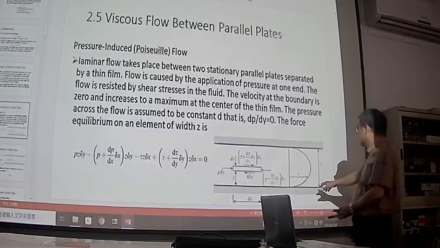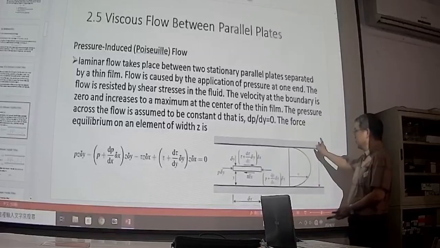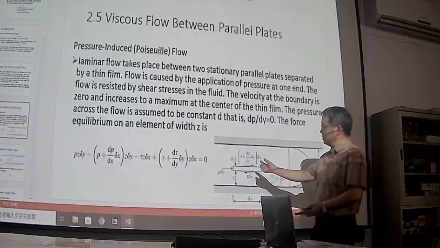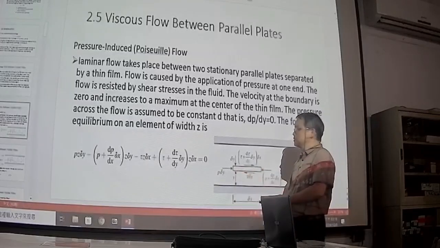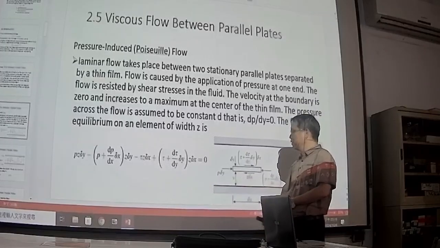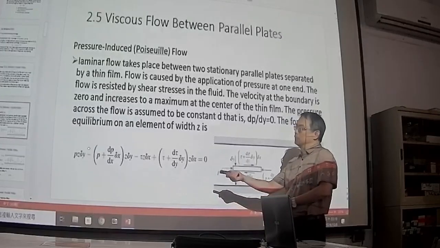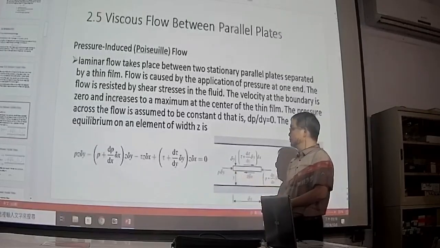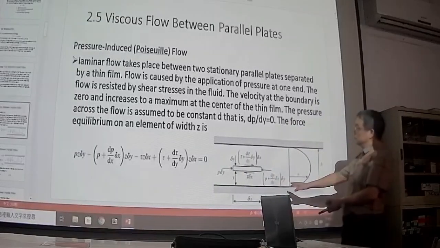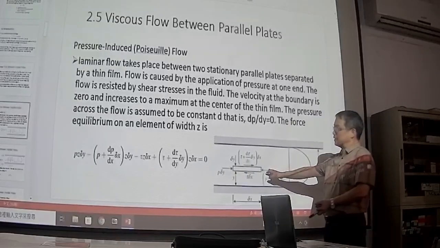This is the x direction, the y direction, and the z direction is this direction. So you have this force balance, and this is the force on the right-hand side.